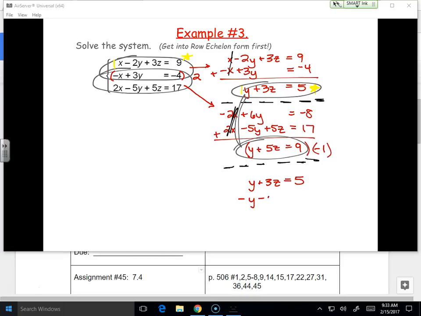Negative y minus 5z equals negative 9. Why did I do that? So you can cancel y. Get rid of those ones. I end up with negative 2z equals negative 4. Is it a keeper? Not quite. Technically divide both sides by negative 2, z equals 2. Now I have a keeper.